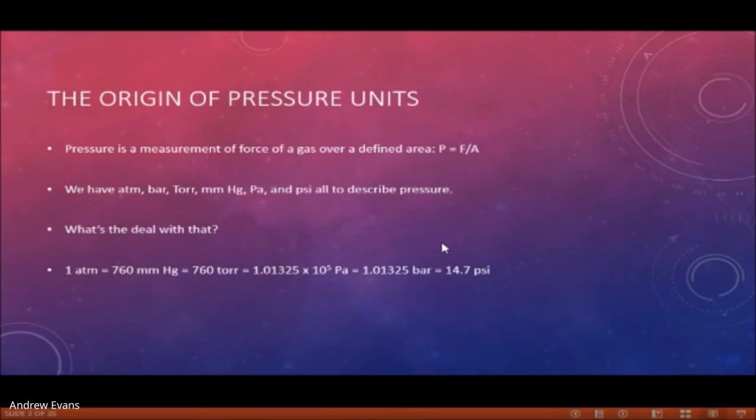Now, looking at the origin of pressure units. We're going to have a bunch of different pressure units, and we're going to systematically go through these and understand where they come from. First, let's take a generalized look at what pressure is in itself.